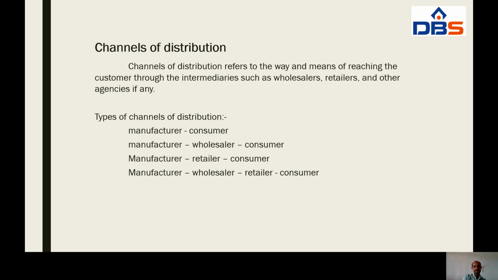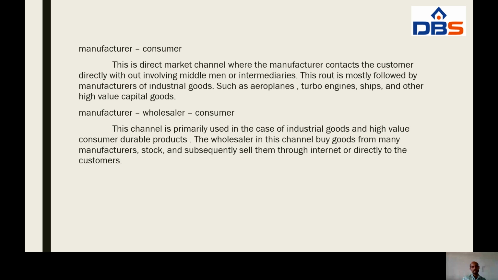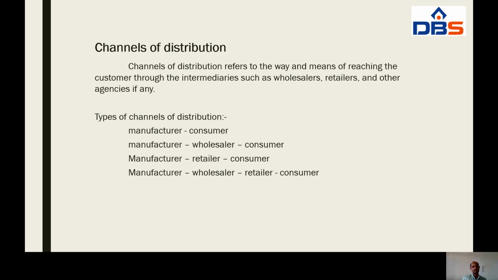This channel is known as channels of distribution. Channels of distribution refers to the way and the means of reaching the customer through intermediaries such as wholesalers, retailers, and agencies.